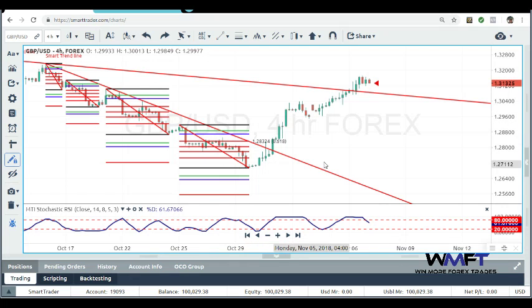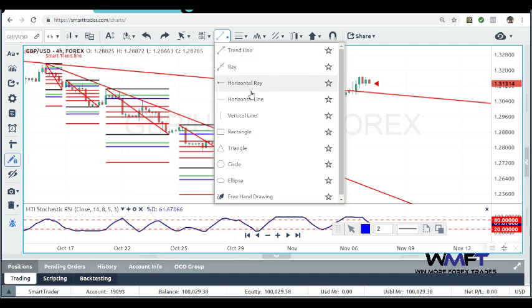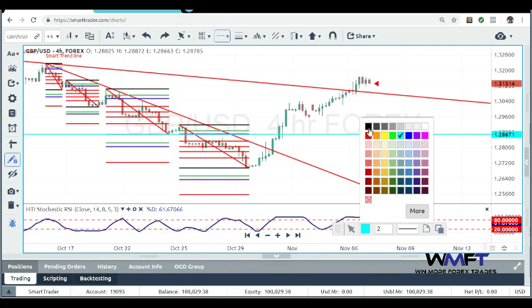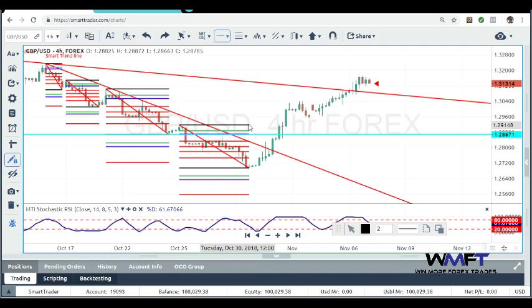Step 1, market takes out the trend line. 2, market takes out Fibonacci A. 3, identify the left tip. Step 4, anticipate the right tip. So let's identify the left tip, and that's the Fibonacci A that was taken out.